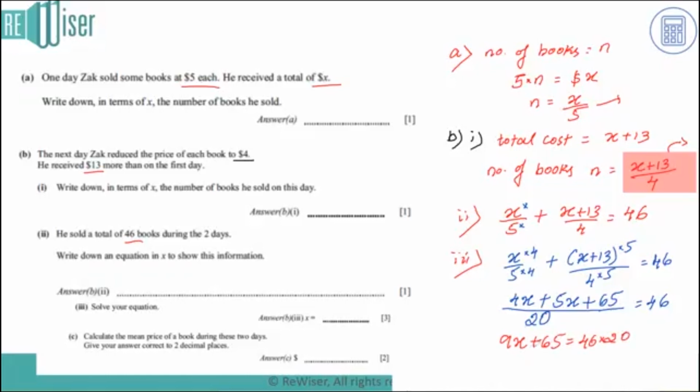And when 65 goes to the other side, 9x equals 46 times 20, which is 920, minus 65. So x is 920 minus 65 divided by 9. When we put this in the calculator, we get 95. So the value of x is 95, and that's the right answer for part 3.